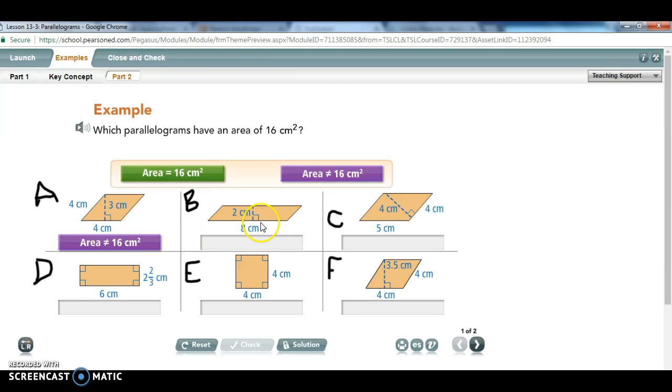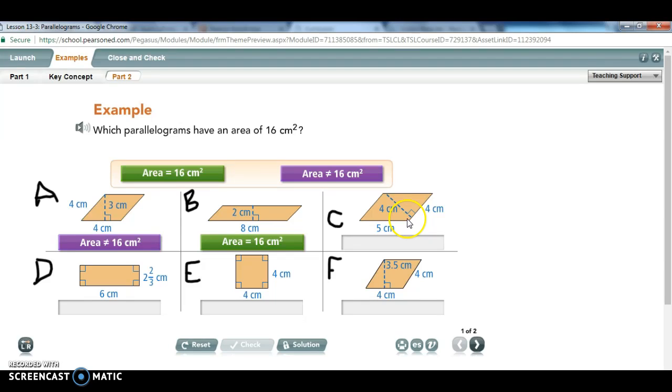The base here is 8. The height is 2. 8 times 2 is 16. So it is 16 centimeters squared. Here, the base is 4. The height is 4. This 5 is here to throw you off.